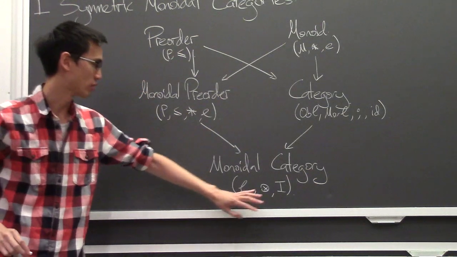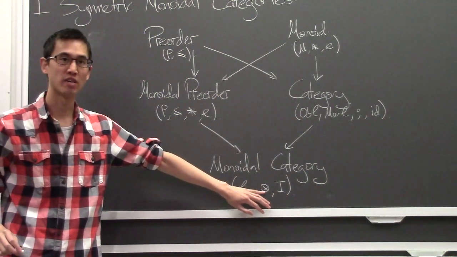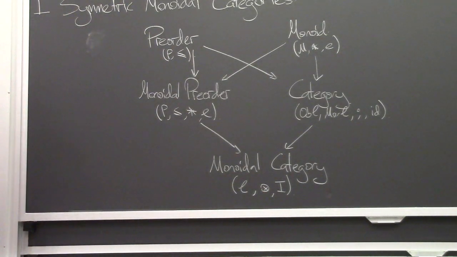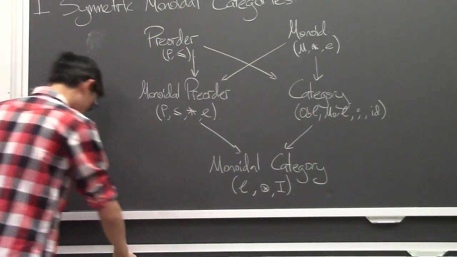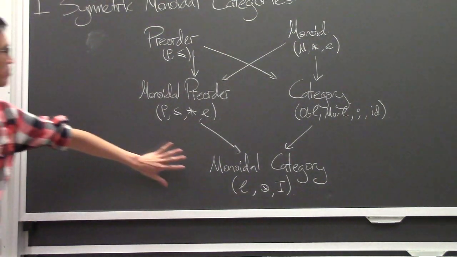So we have a way of composing, sort of combining objects with each other and morphisms with each other in what's seen as a parallel sort of way. Okay. So the aim is to get here.